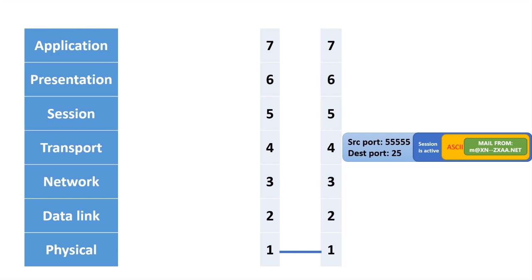Maybe it will keep a note, because if we respond just now, the destination and source ports will again be interchanged. The response will come from port 25 and be sent to 55555, but we can forget about those now. Simply take this payload and pass it up the protocol stack.